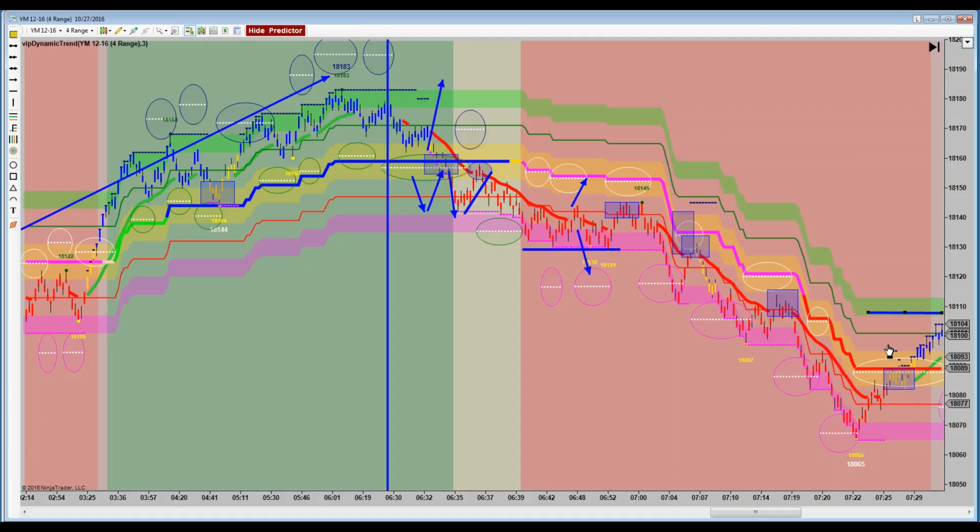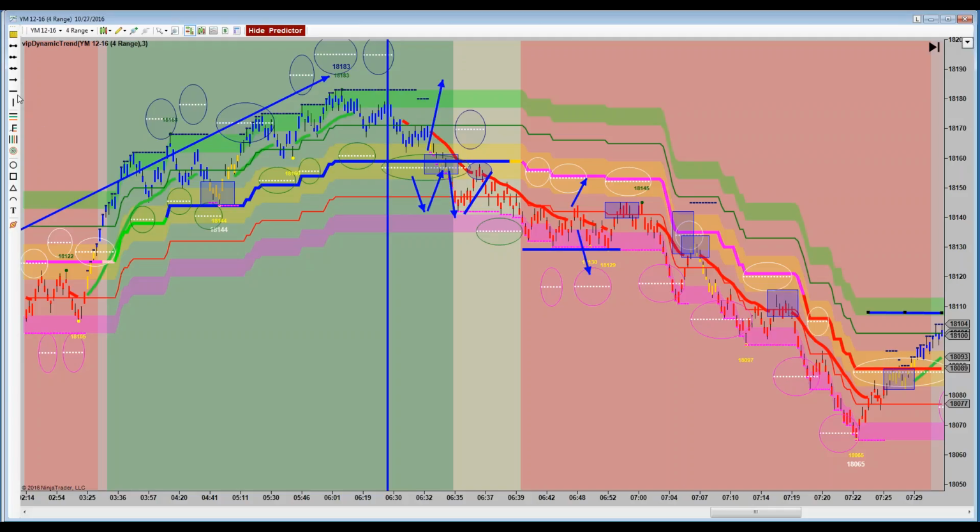I think if I was to pick out one or two trading issues that cause the most concern amongst traders, it's this whole issue of what happens after a trend move like this.